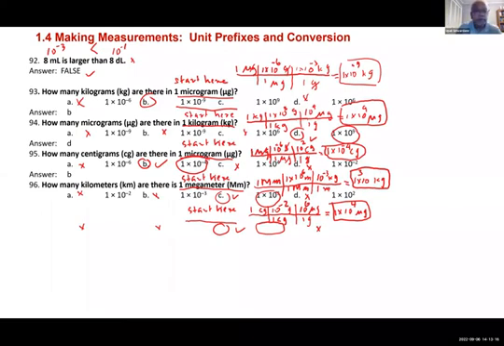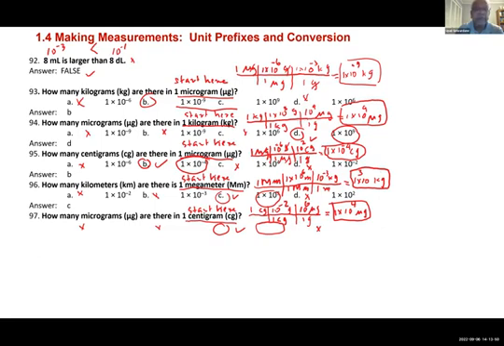So the 96 is kilometer to 1 megameter. 1 megameter to kilometer. So we start with megameter. Megameter is large, therefore 10 to the 3. So the answer is B. Answer is C. This one is the other way around.